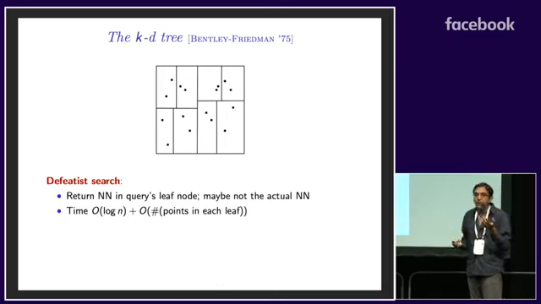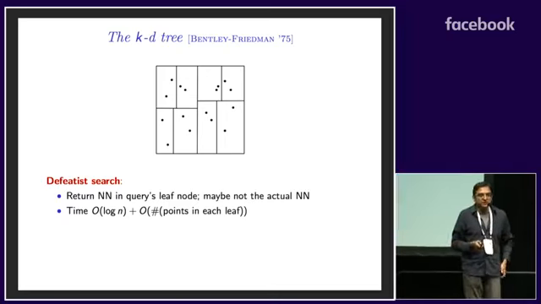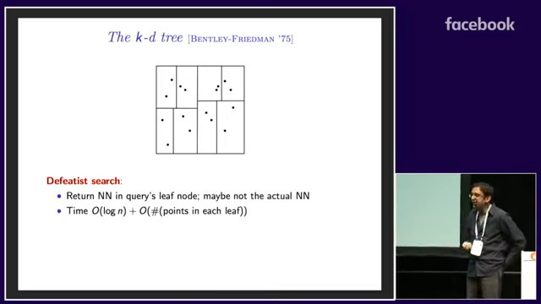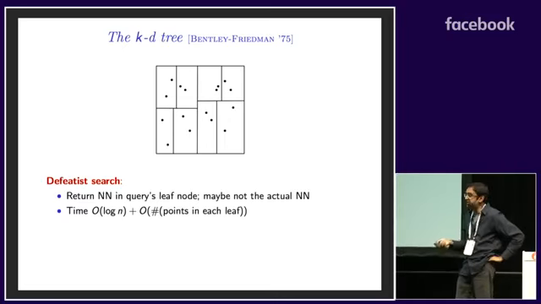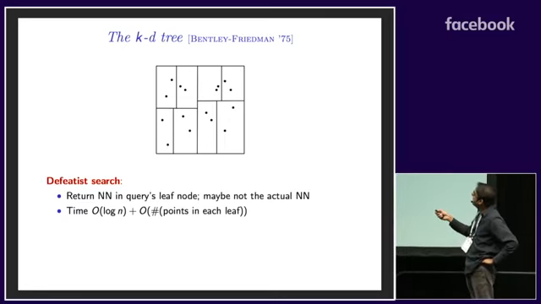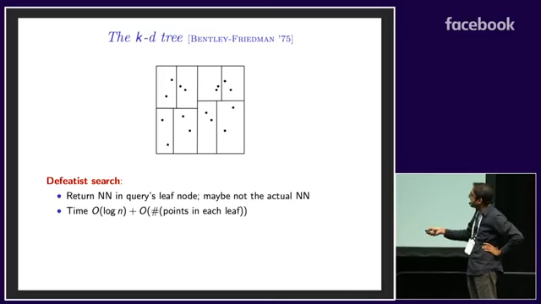There are 2 ways to search using this data structure. The first is the quick and dirty way called defeatist search. So given a query point, you just move it down the tree, and you look at the box that it ends up in, and you just return the nearest neighbor in that box. Okay, so how long does that take? It takes log n to go down the tree, and then however many points you have in that box.